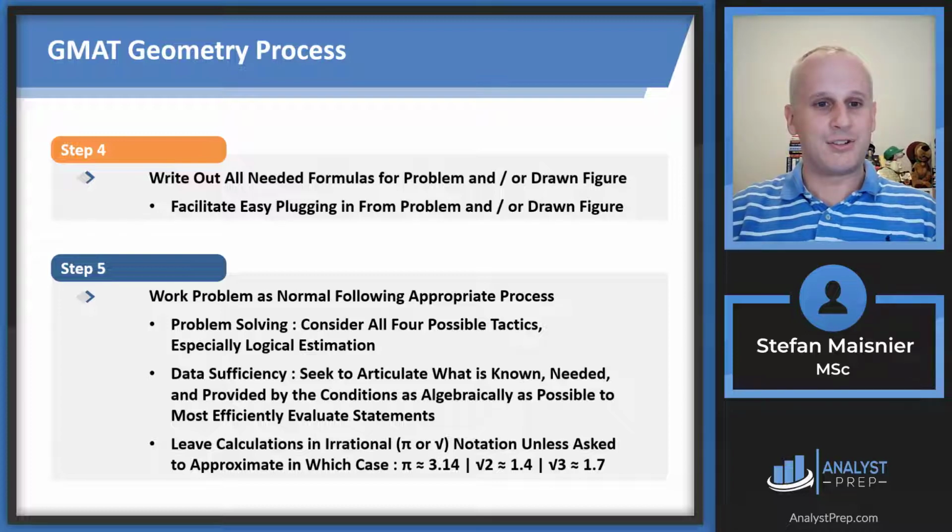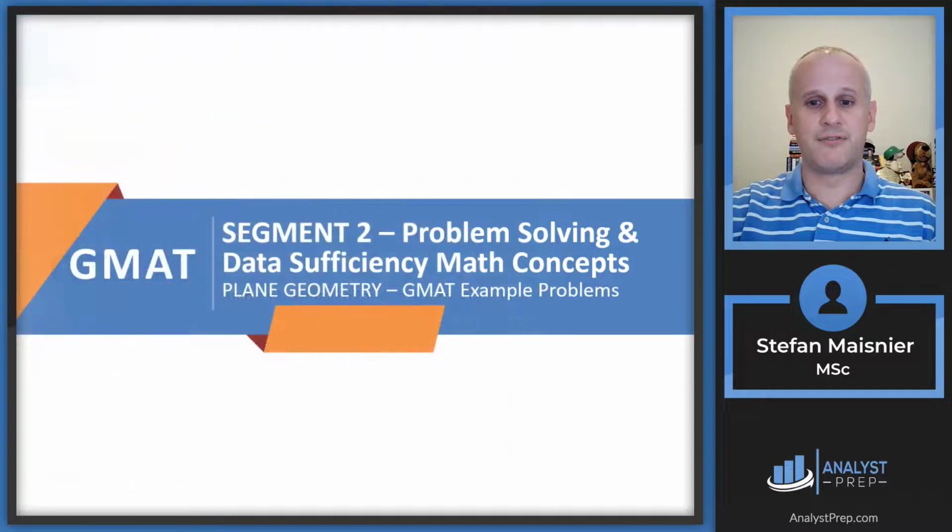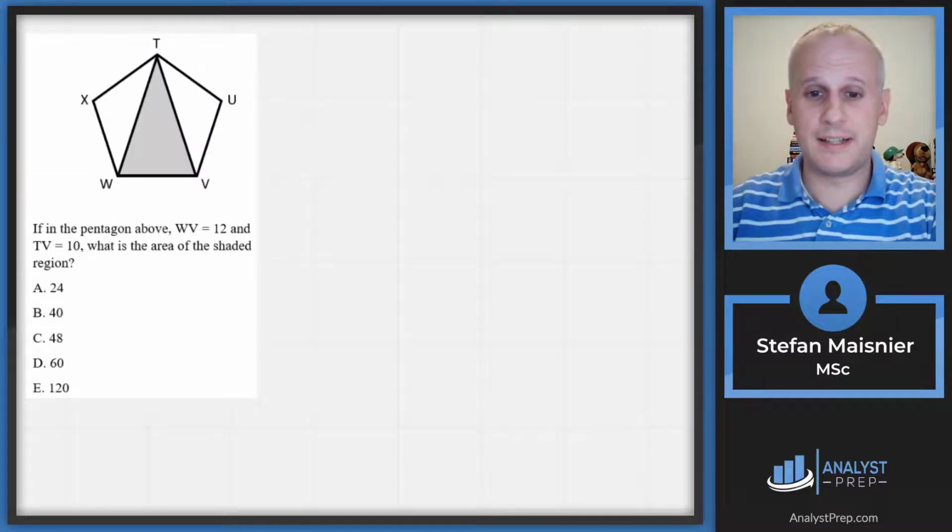So just a whole bunch of plain geometry tips here. Let's move on over to the whiteboard and take a look at an example and how we can use a lot of this information to solve some of these geometry problems on the GMAT quantitative section. Let's take a look at a sample problem solving question to start.